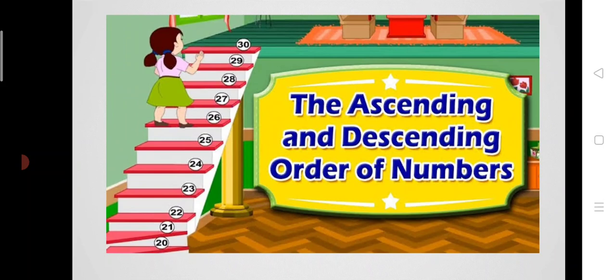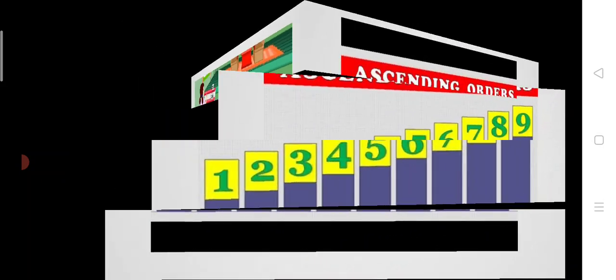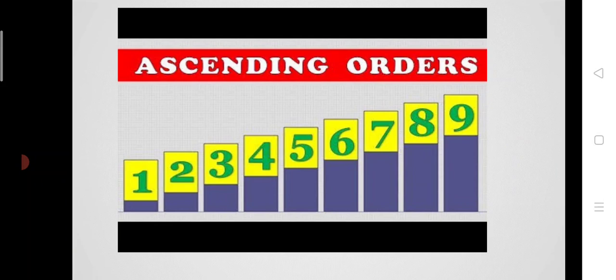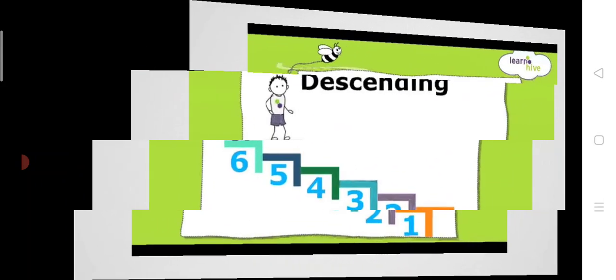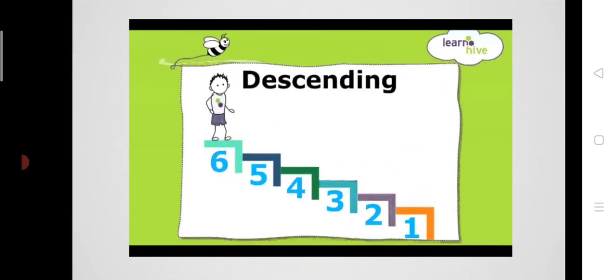Now the ascending and descending order of numbers. See Rajay, when we arrange the numbers from smallest to biggest, like in this example, 1, 2, 3, 4, 5, 6, 7, 8, this is known as ascending order. And when we arrange the numbers from biggest to smallest, like in this example, 6, 5, 4, 3, 2, 1, this is known as descending order.